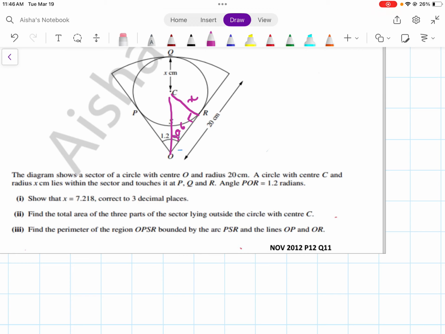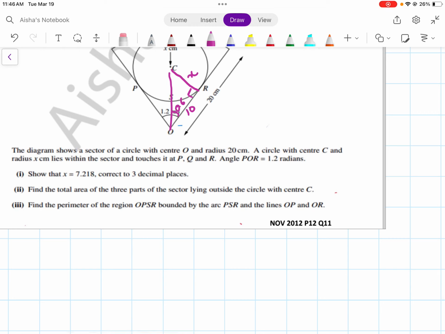And R is the midpoint. Is R a midpoint? Okay. And now with respect to this, this is opposite. Tan 0.6 into 10 gives you... No, this is wrong.